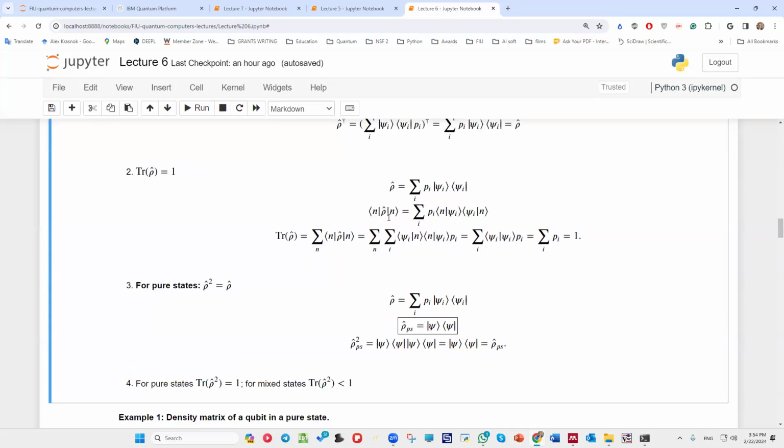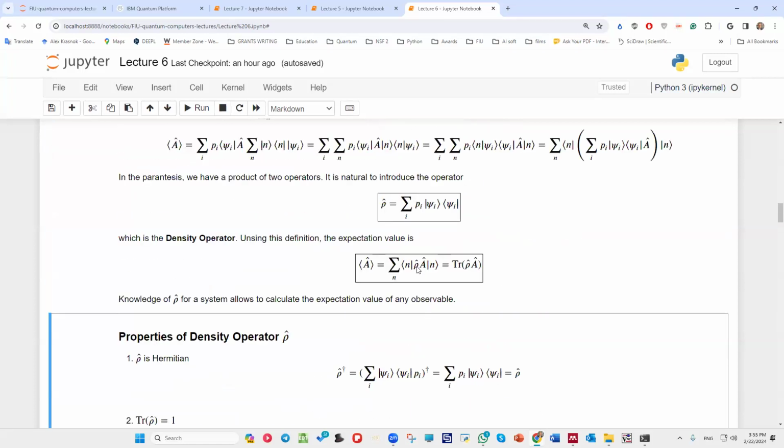Another general property is that the trace of the density operator itself is 1, provided that all states are normalized. Let me clarify this. So these are different states of the quantum system.